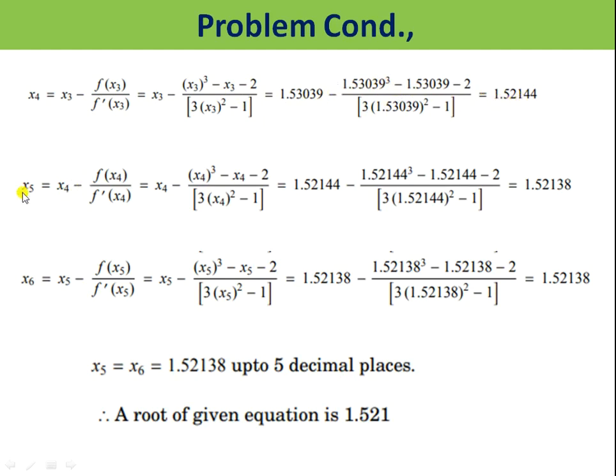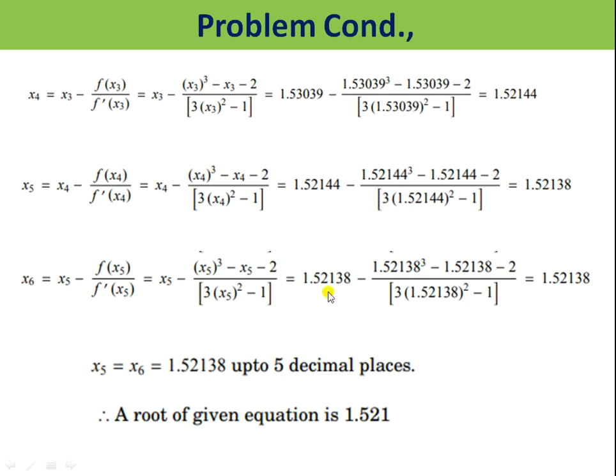And go for x5. x5 is equal to x4 minus f of x4 by f dash of x4. In place of x, replace x4, whose value is 1.52144. To simplify this, we can use a calculator. Then we'll get the x5 value as 1.52138.